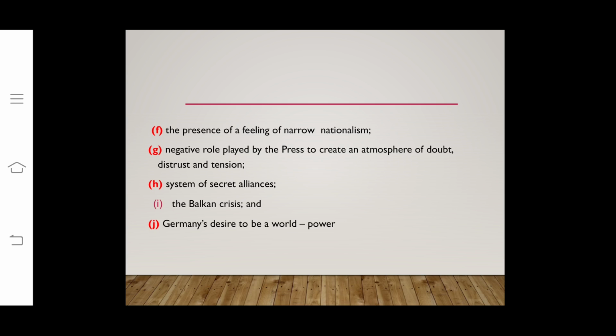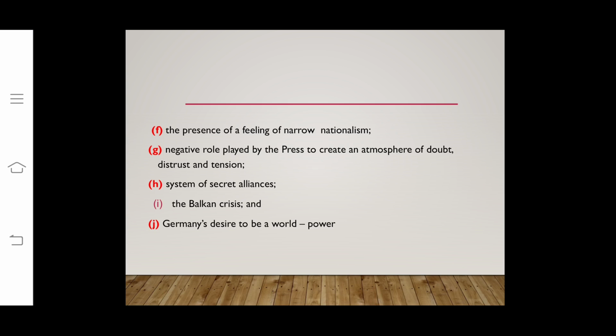System of secret alliances. The whole of Europe was divided into two armed camps, the Triple Alliance and the Triple Entente, bound by various secret alliances. This secret diplomacy gave rise to feelings of mutual suspicion, distrust, and hatred.